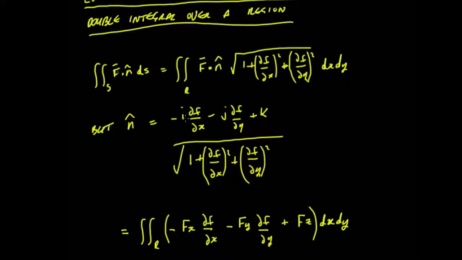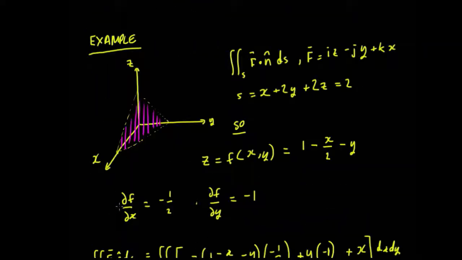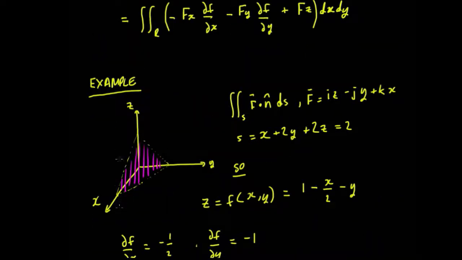Now let's look at an example of using this in order to find the surface integral. Let's say we're looking for the surface integral of some function f dot n ds, where the vector function is given by i of z minus j of y plus k of z, and the surface we're looking to project onto is s equals x plus 2y plus 2z equals 2.